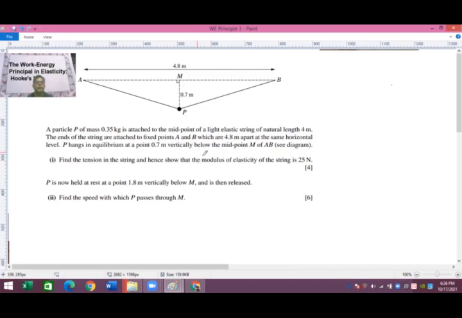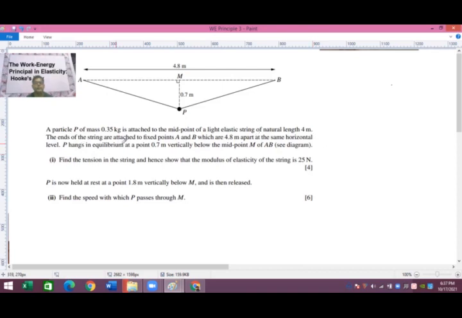to the problem area. Here you can see this figure. Just read out this question first of all and then see what is given and what we need to find. It says that a particle of mass 0.35 kg is attached to the midpoint of a light elastic string of natural length 4 meters.